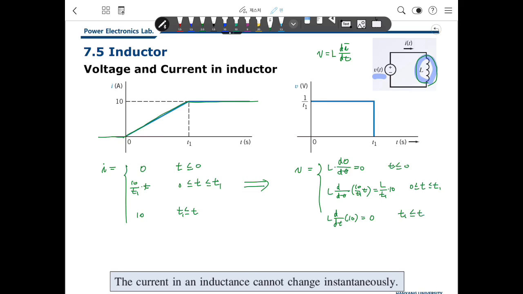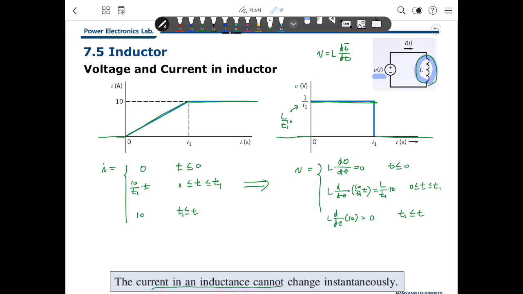So this is the zero value, and that is here. This value is 10L over t1, and this is the zero value here.